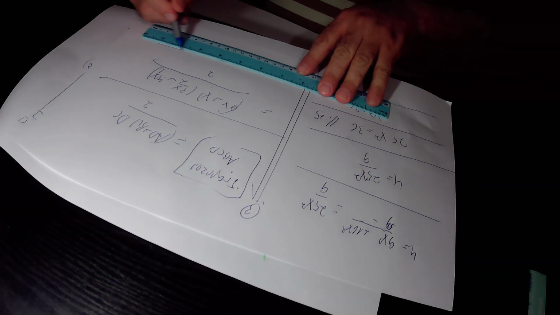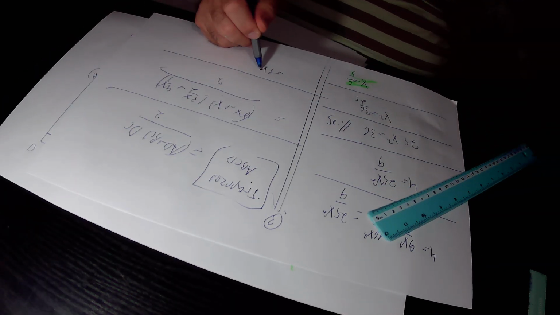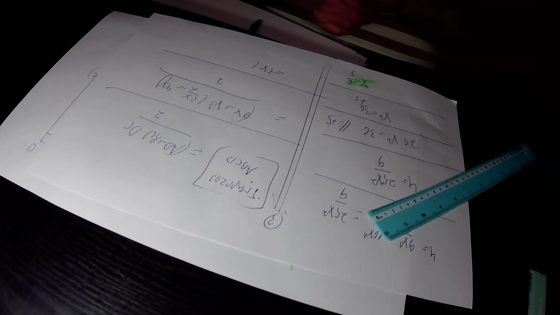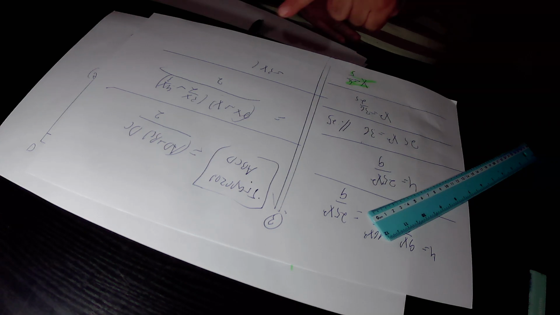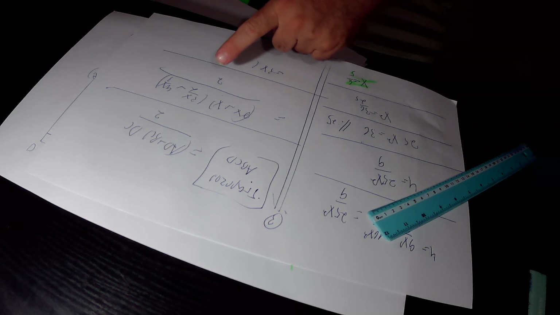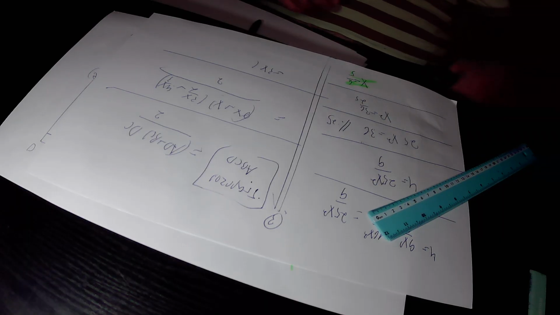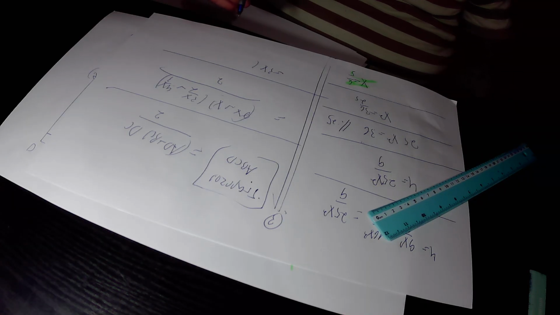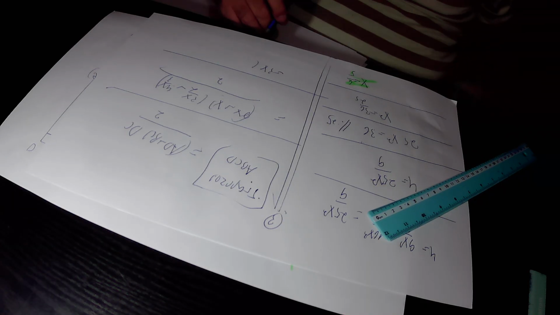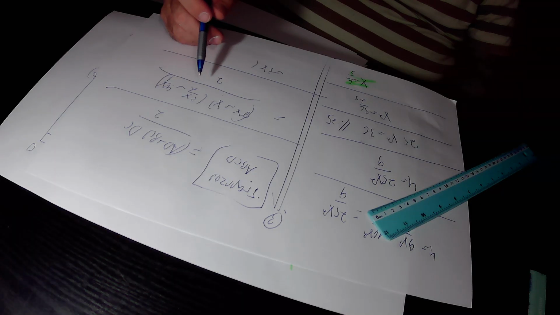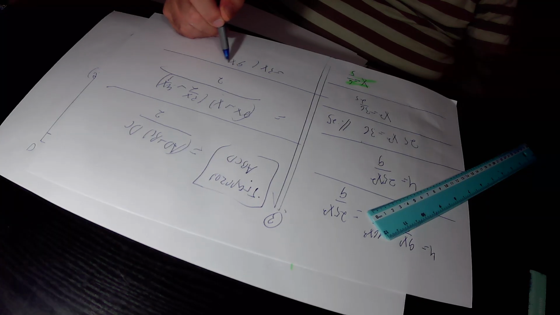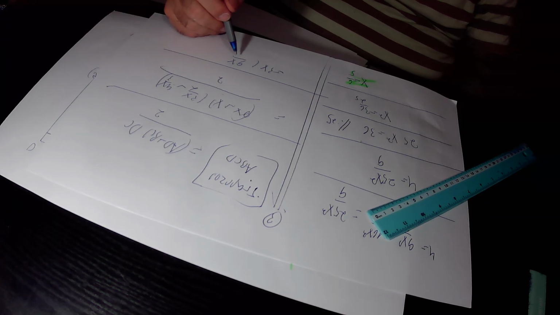So here we have 2x plus x is 3x, and also 3x over 2 plus 4x over 3. Here we multiply the numerator and denominator of the first expression by 3, and I get that 3x times 3 is 9x over 2 times 3 is 6.